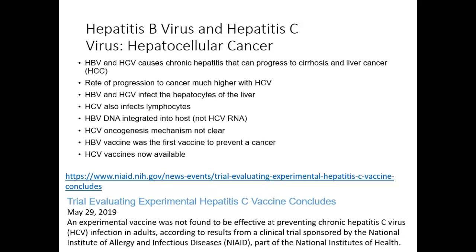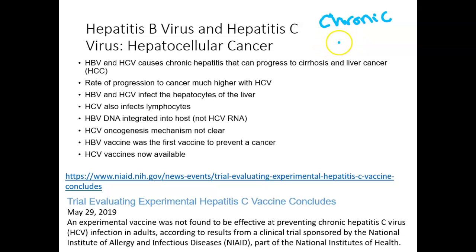So, hepatitis B and hepatitis C. Both of these viruses cause cancer. These viruses, remember, are not genetically related to each other, but they both cause chronic hepatitis. So chronic inflammation, chronic infection in the liver.